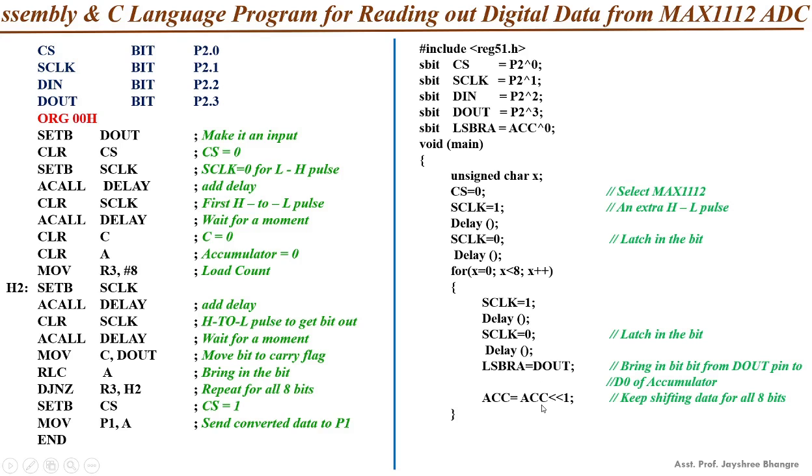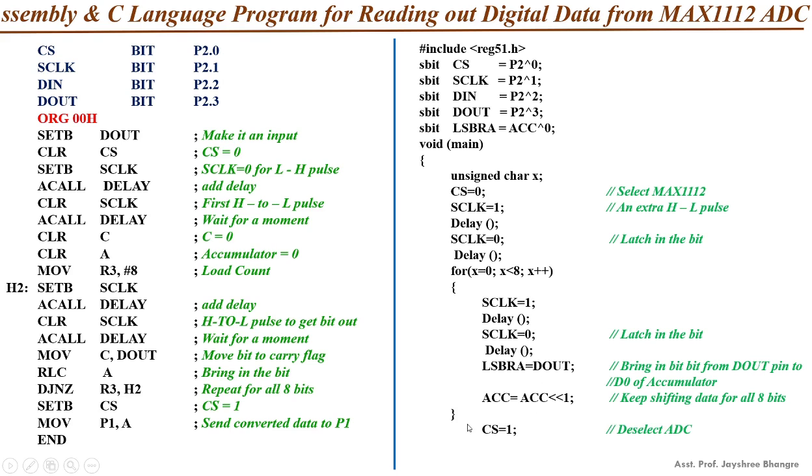Again it will be rotated. So in this way all the 8 bits are read into the LSB bit of the accumulator and every time it is rotated to the left bit by bit. So all 7 times this will be rotated and all the 8 bits will be loaded into the accumulator.